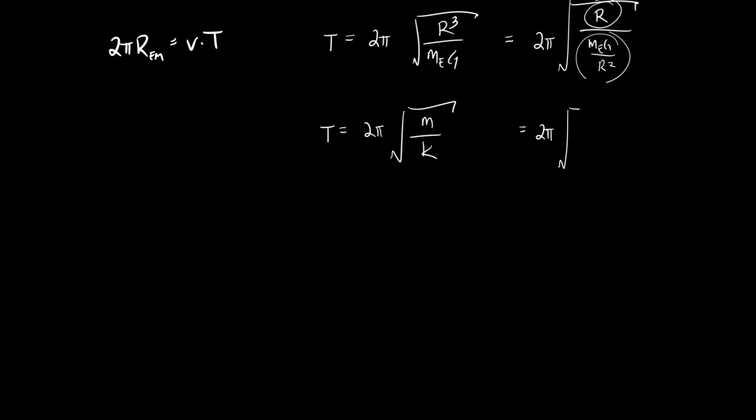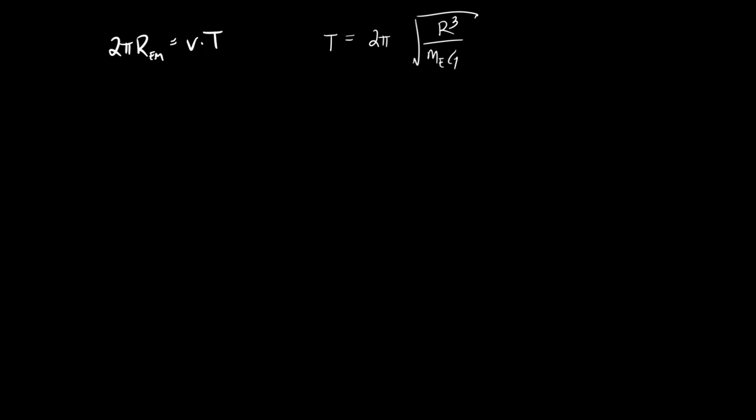So since I did all the algebra, the heavy lifting, how long does it take the Earth to go around the sun? We're doing these because you need to practice the big numbers. So if I want you to tell me how long it takes the Earth to go around the sun, what information from me will you need to make that happen? The mass of the sun is 1.99 times 10 to the 30th kilograms.